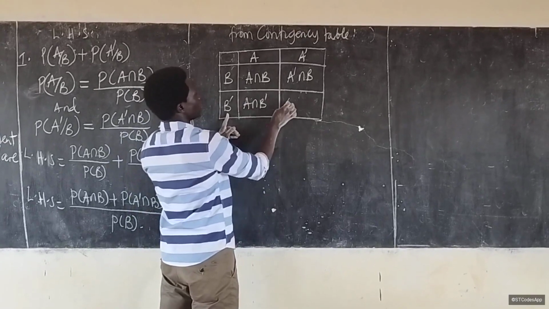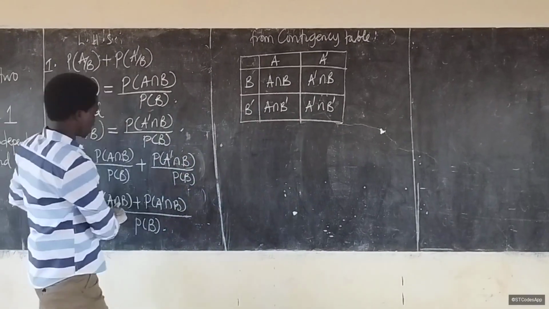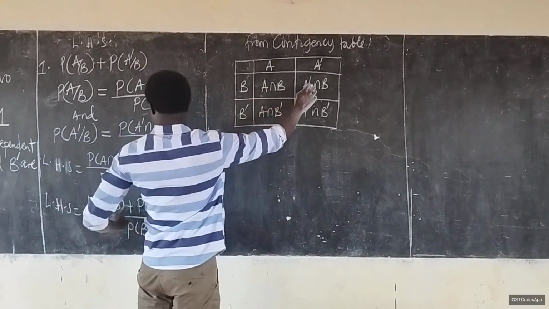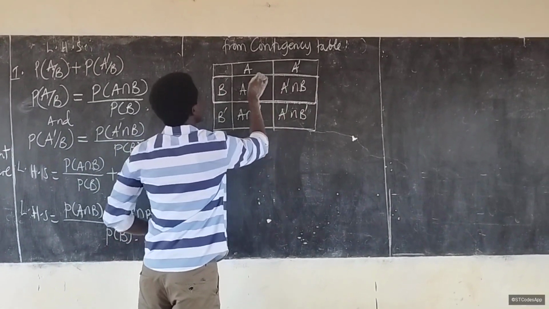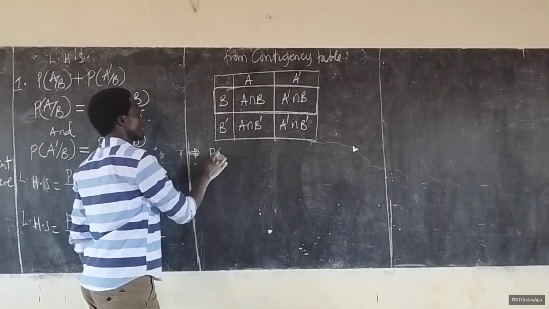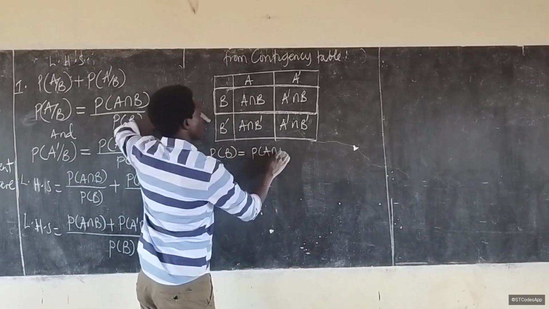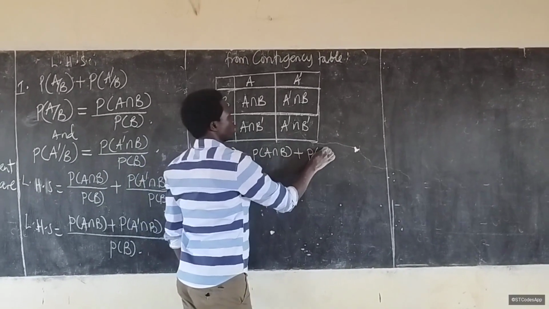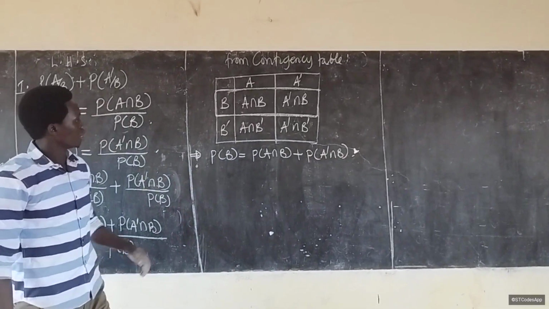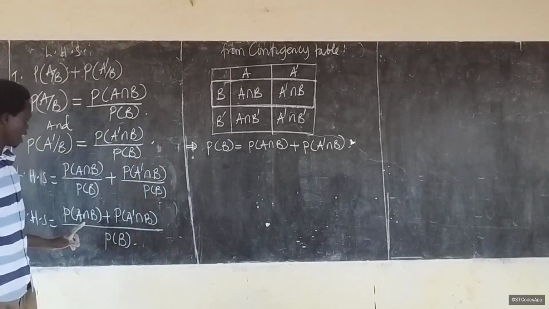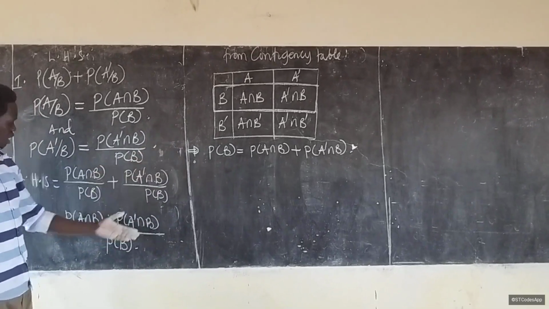And this is the probability of A complement intersecting B complement. So you see that this is A intersecting B and this is A complement intersecting B. So that implies that probability of B is equal to probability of A intersecting B plus probability of A complement intersecting B. That's what we have. See how easy it is.